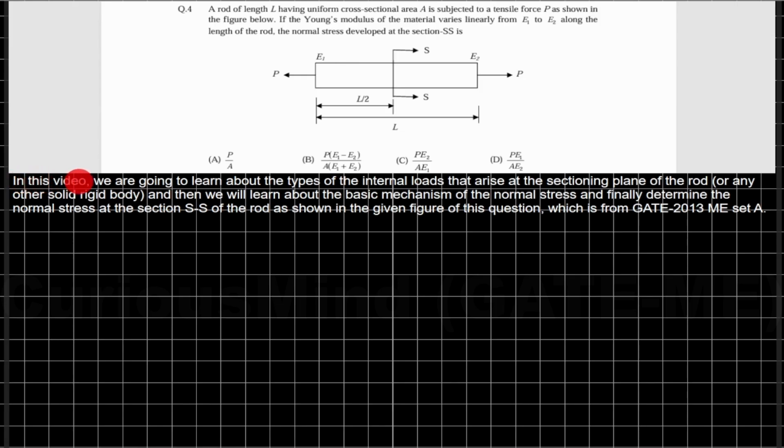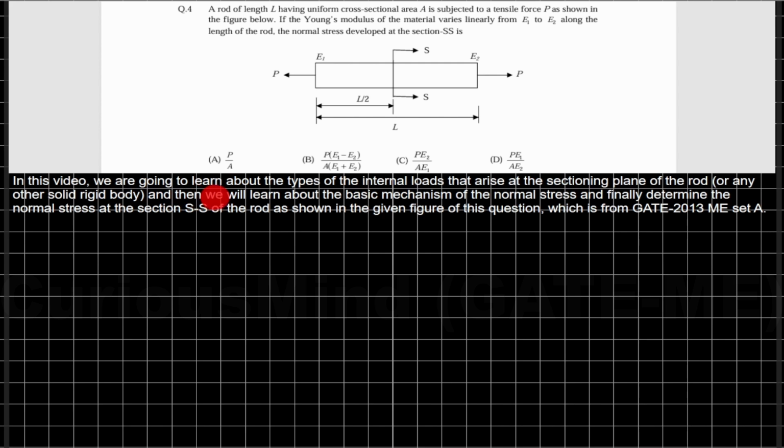In this video, we are going to learn about the types of internal loads that arise at the sectioning plane of the rod or any other solid rigid body.